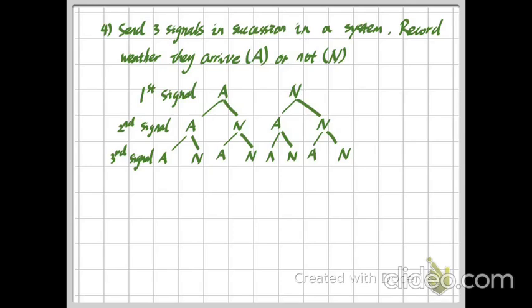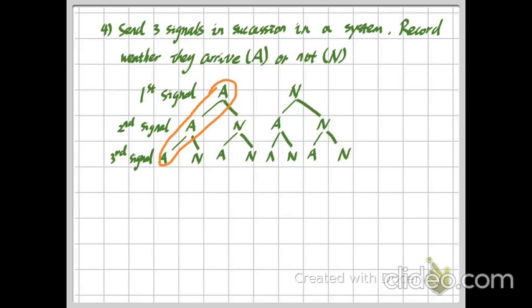Now if we look at this tree graph, we can see that at the end we will have 8 different cases. So for our sample space, we need to write all of them. How to do this? For example, let me circle this one. The first possible outcome is we choose all the left branch.